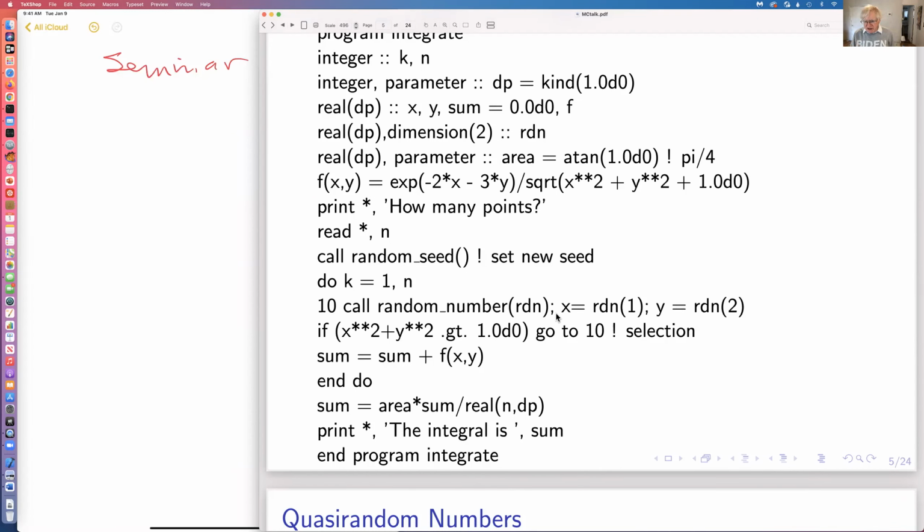So these are ordinary random numbers. These are called pseudo-random numbers. There are better random numbers called quasi-random numbers. And I think it's Florida State University that maintains a repository on Fortran and C and their applications to Monte Carlo integration.